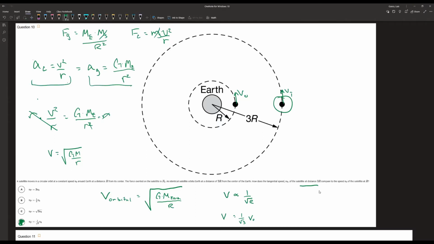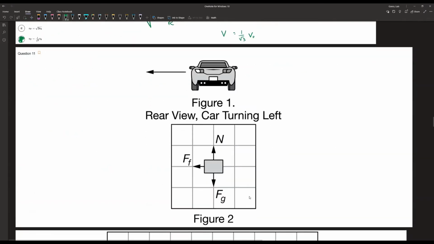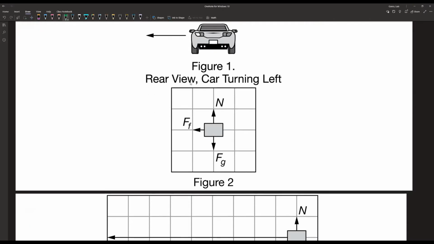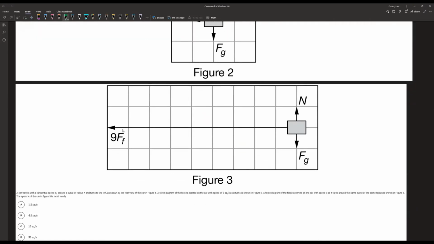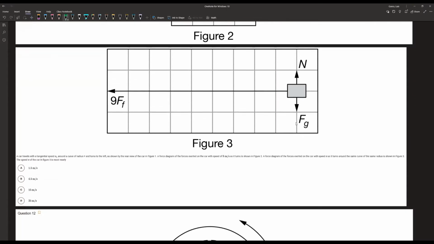Let's go on to the next one. A car. So this is a rear view of a car turning to the left, and we have a free body diagram in figure 2. In figure 3, they give us this scenario. A car travels with a tangential speed v1 around a curve of radius r and turns to the left, as shown by the rear view of the car in figure 1.